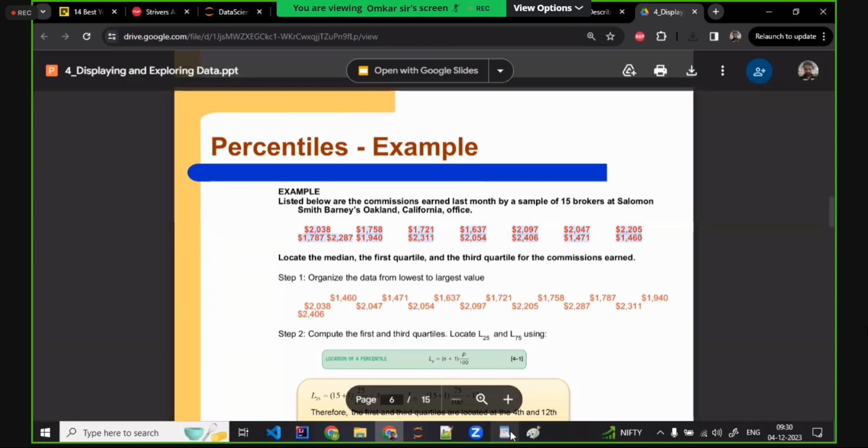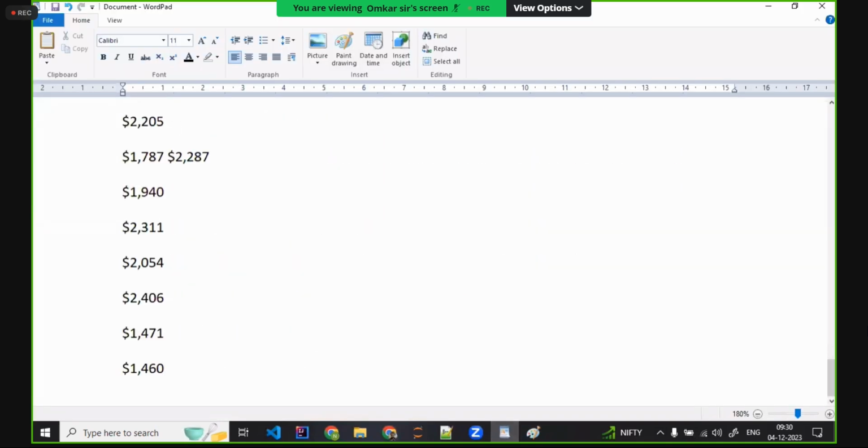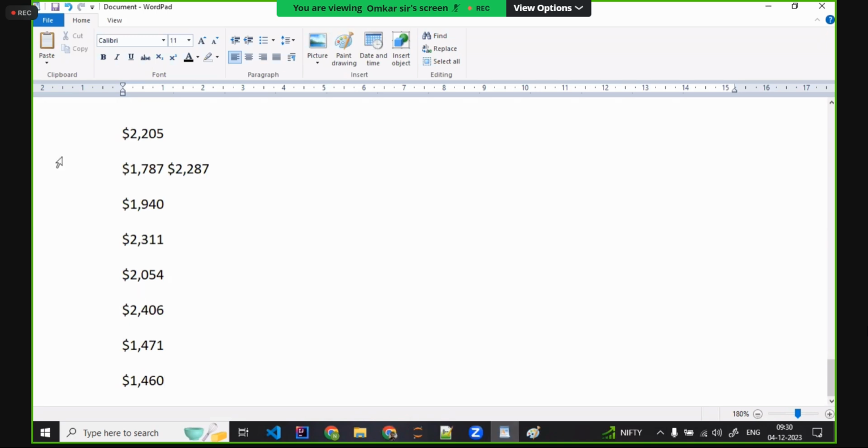Let's try these values now. Please note down these values, everyone. Let's do some exercise now.